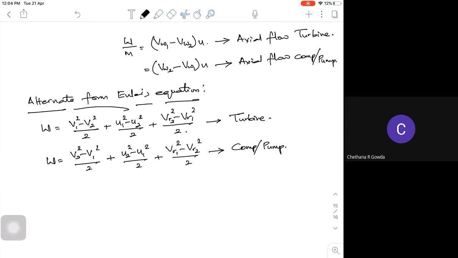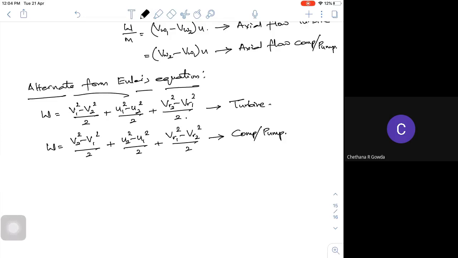Fine. What are these components? For an axial flow machine, what will happen? U1 square minus U2 square by 2 or U2 square minus U1 square by 2 will be 0 because my U1 is equal to U2.